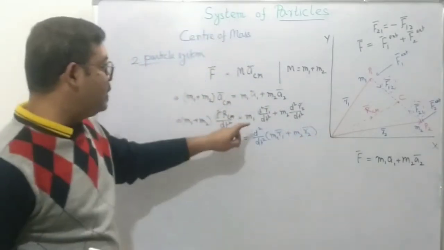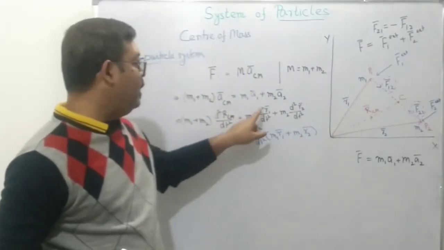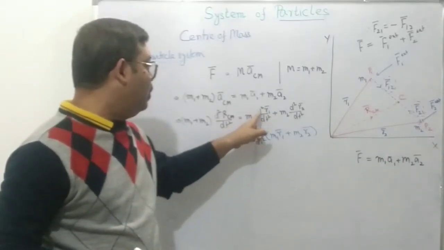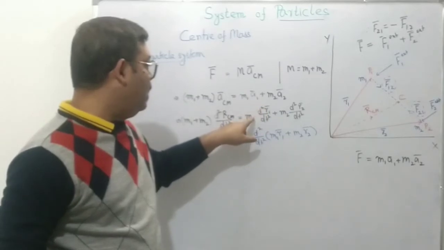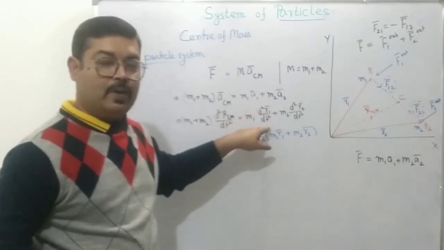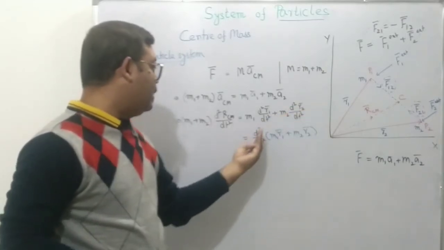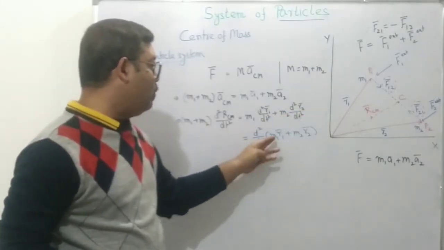We have taken two steps here. First, we have moved m1 into the derivative, because m1 is a constant, it will not change with time. So the first term will be d square m1 r1 by dt square, the second term will be d square m2 r2 by dt square. Then we have taken the entire d square by dt square common, and we find this.